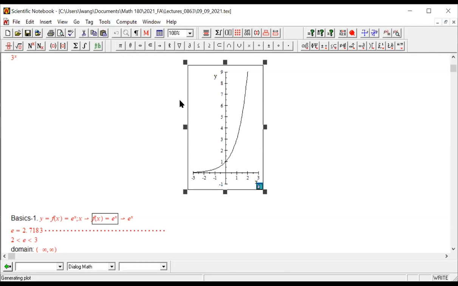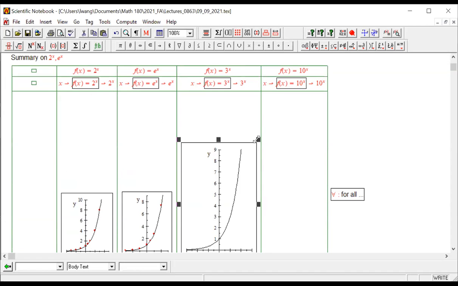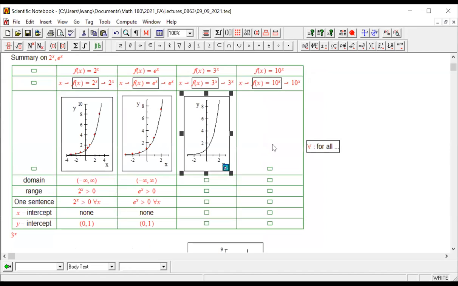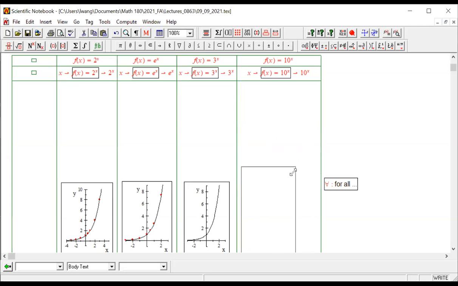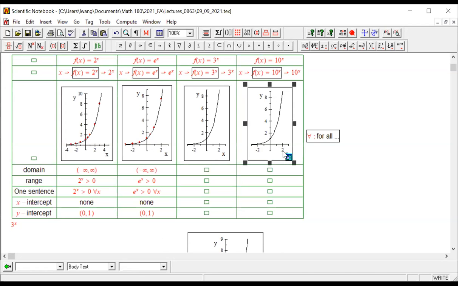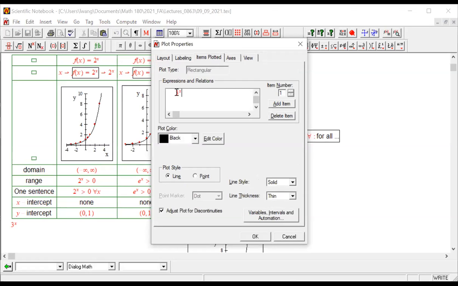Okay, so this is 3 to the power x, right? And for 10 to the power x, I'm just going to copy and paste this picture, go in there, and change the base to 10.